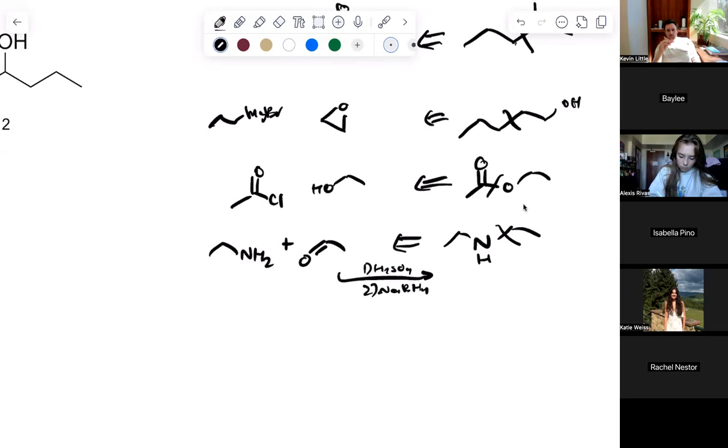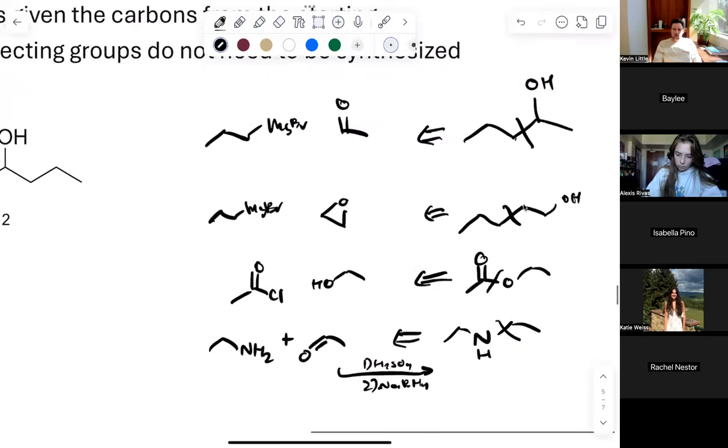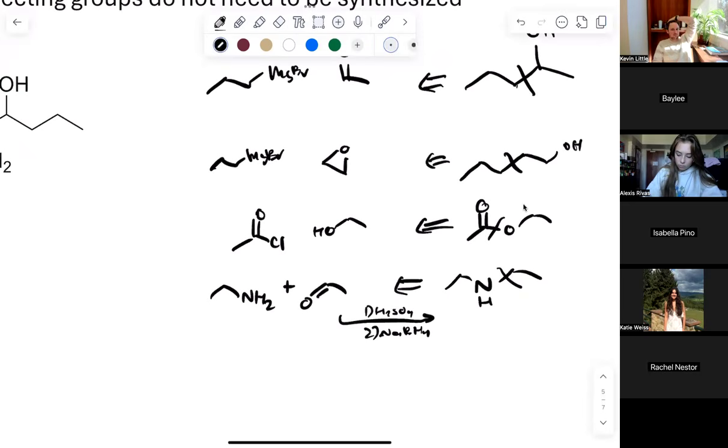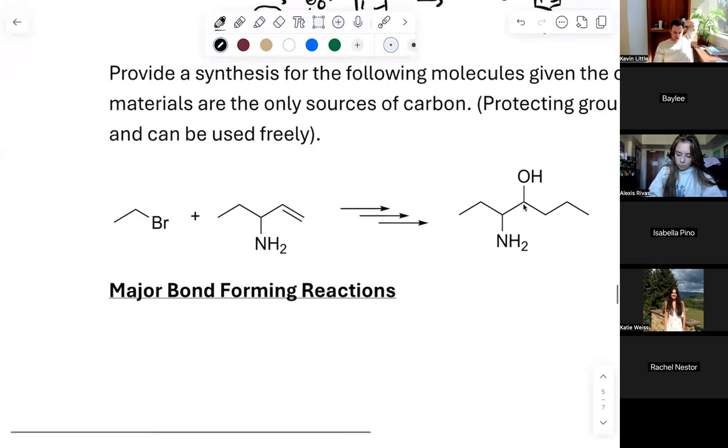What else? And these are kind of the main ideas, like the main major bond forming reactions that you guys will see. If there's more that we run into, then I'll backfill that in.